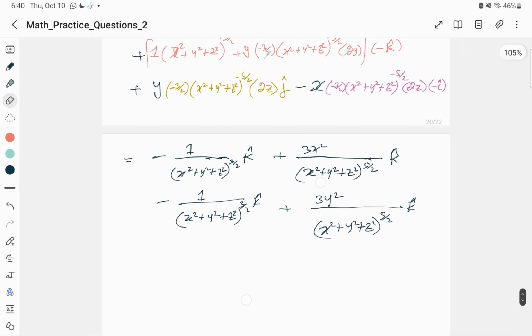And lastly we write the j and i components. This 2 is cancelled with the 2. Here we have negative 3 by 2, negative 3, and here we have z, this is y, so this will be negative 3yz divided by (x square plus y square plus z square) to the power 5 by 2, and that will be the j component.